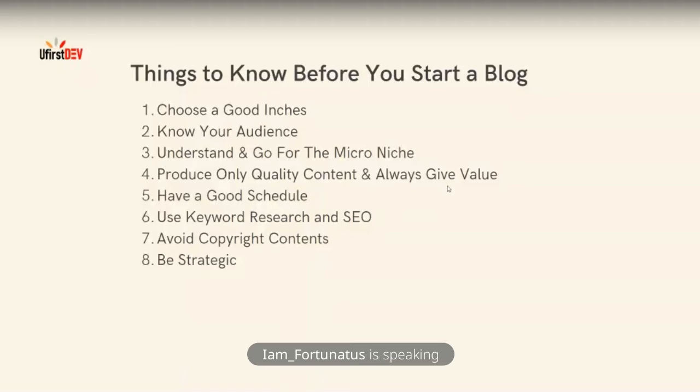The second thing is to know your audience, know who you are after. If your niche is entertainment, and then you choose, let me say, the music industry, you should know people that love music.